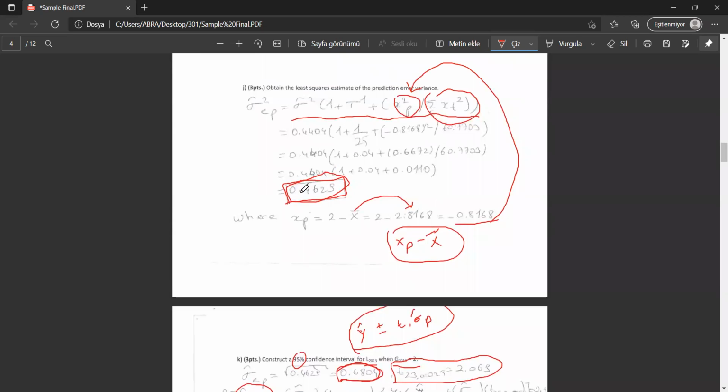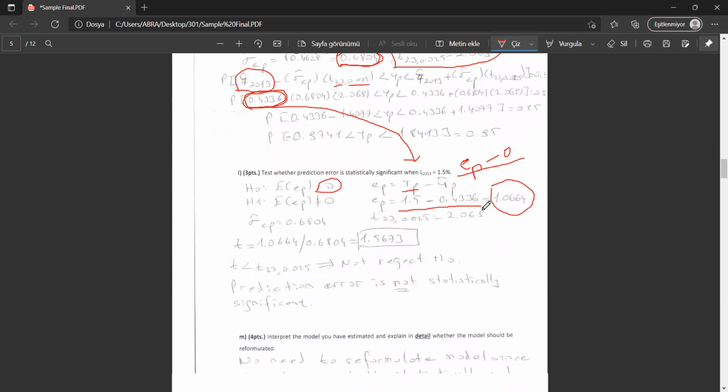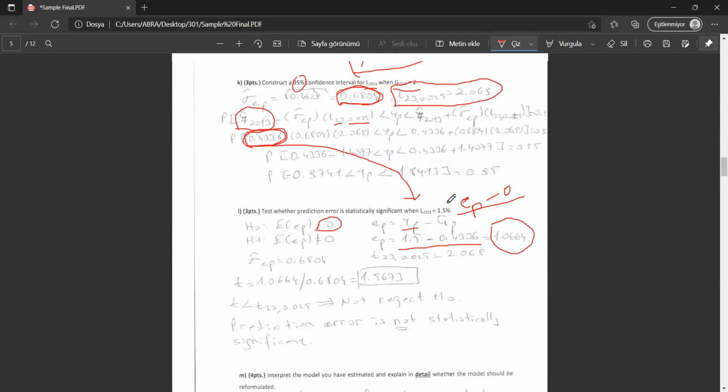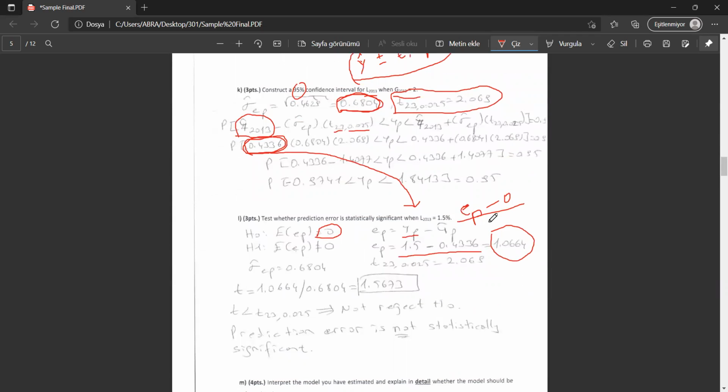We have found the prediction error variance here, and by taking the square root of it, we have found the standard deviation of it. So we are using the standard deviation that we have found here, 0.68, okay?